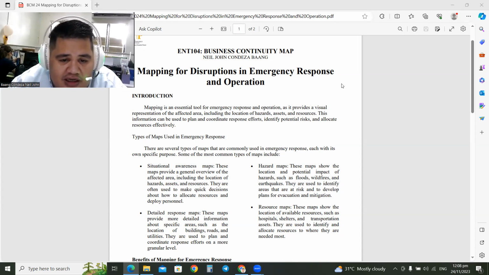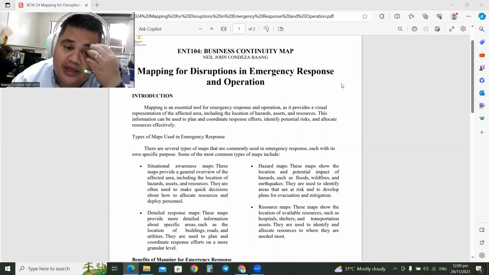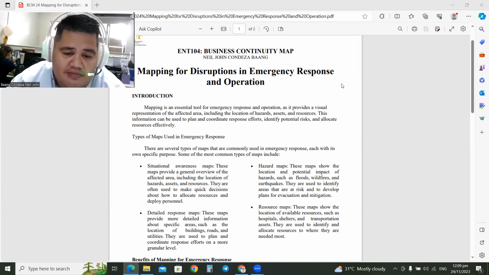Those are situational awareness maps. Forecasted maps identify the prone areas for emergency, right?